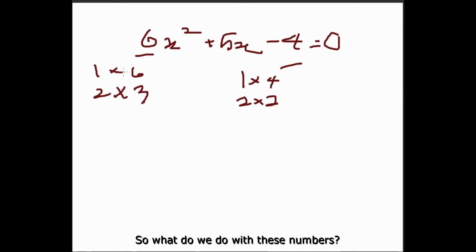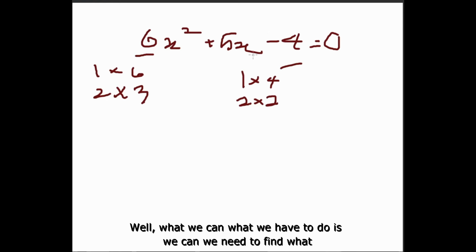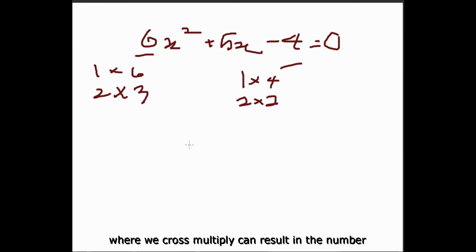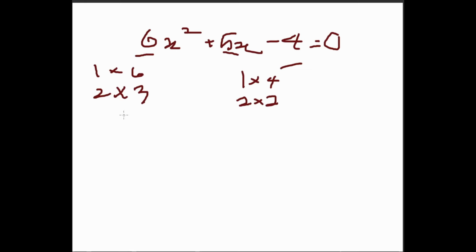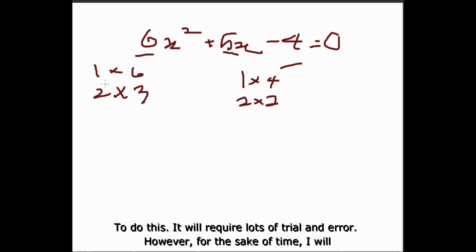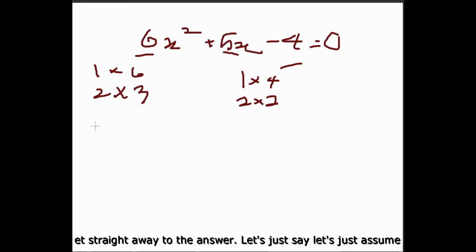So what do we do with these numbers? Well, we need to find where cross multiplying can result in the value for b here, which would be 5. To do this, it will require lots of trial and error. However, for the sake of time, I will get straight to the answer.